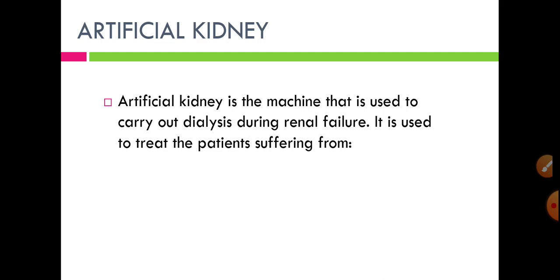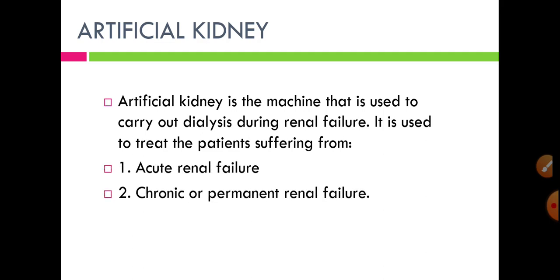The artificial kidney is the machine that is used to carry out dialysis during renal failure. It is used to treat patients suffering from acute renal failure as well as chronic or permanent renal failure.